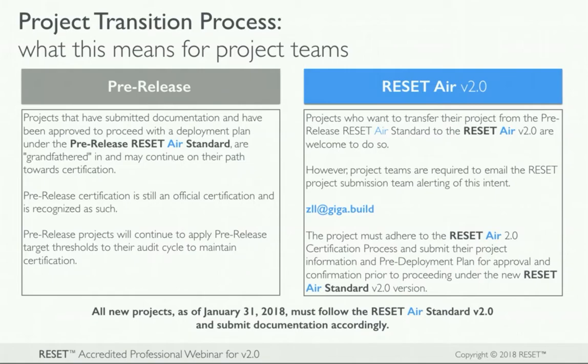Your project also must adhere to the new 2.0 certification process, which means you need to submit your project information and a pre-deployment plan for approval and confirmation prior to proceeding under any of the Reset Air Standard version 2.0 requirements. As of January 31st, 2018, all new projects must follow the Reset Air Standard and submit documentation accordingly.